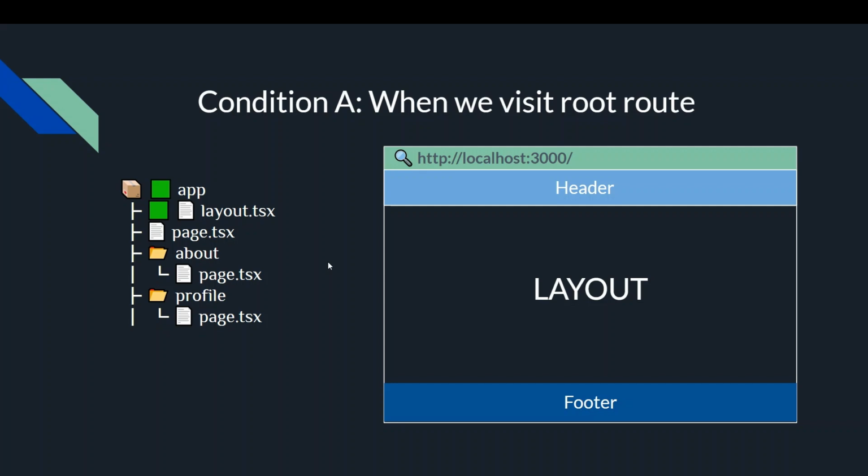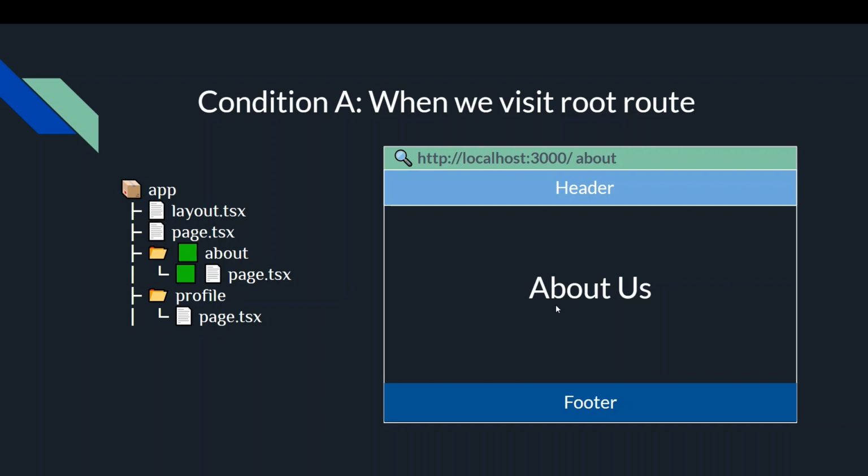Now when we visit localhost 3000 home, the page.tsx will be activated, and the layout will load the content of page.tsx inside the layout.tsx. When you visit the about us page at localhost 3000/about, the content from the about page.tsx will be loaded inside the layout.tsx file.